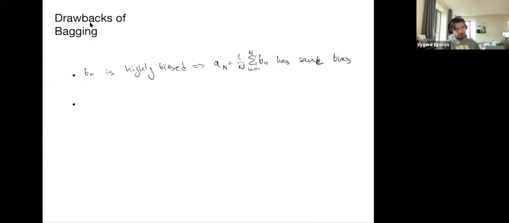Another point is computational time, maybe not a drawback. But what was the original motivation? It is good for large N. In the beginning, we train all models independently, and then we can train them in parallel.